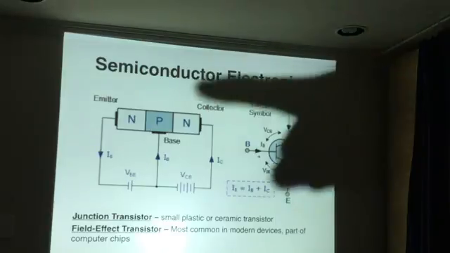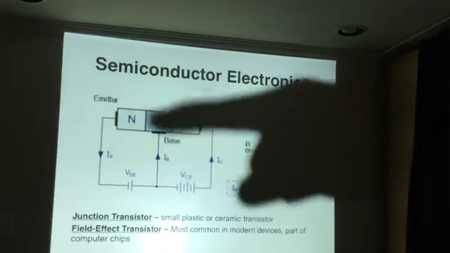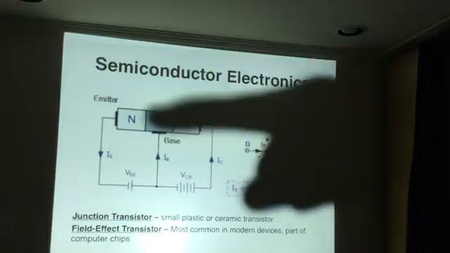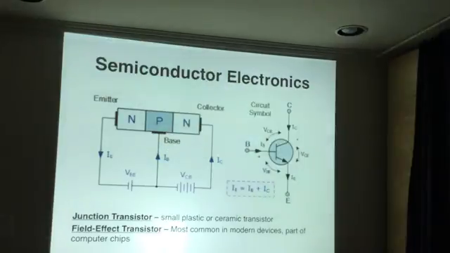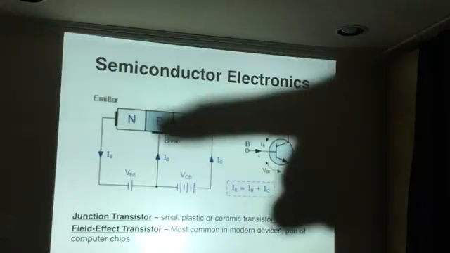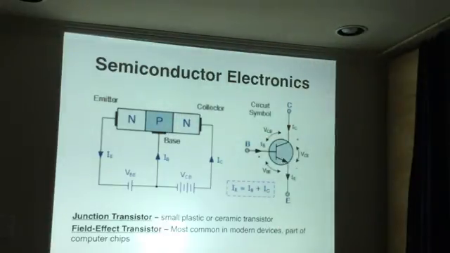And again, this P here allows for the control depending on the charge here. You can vary the amount of positive charge in this P by varying the flow of electricity there. When you do that, the ability for this to transfer across here changes depending on whether it's very positively charged or not.